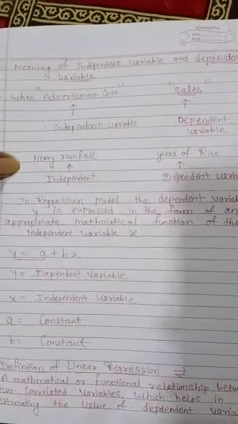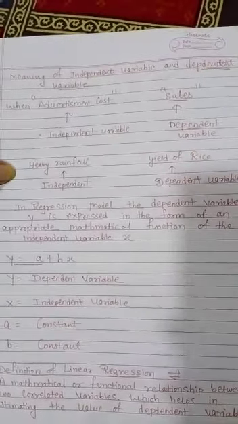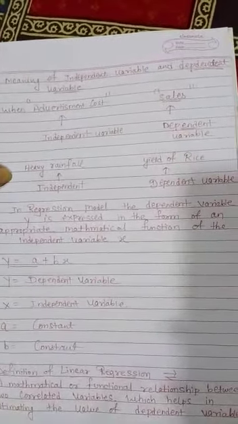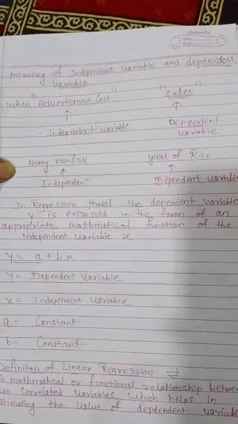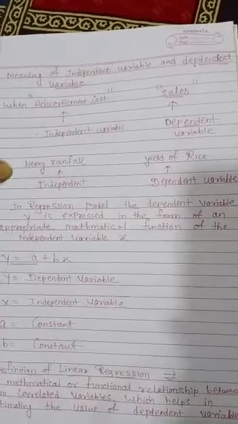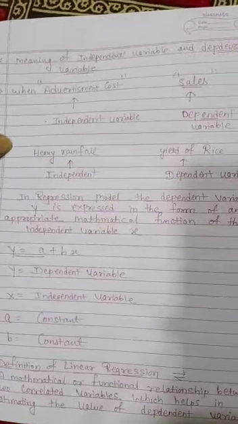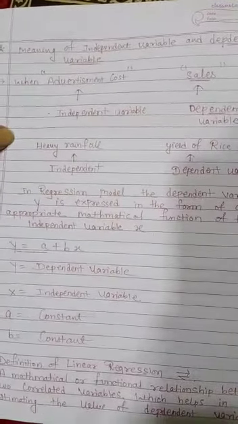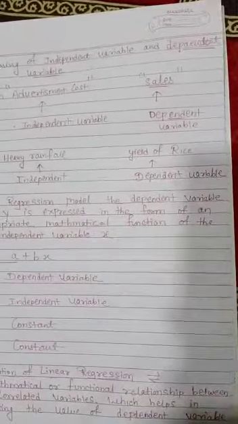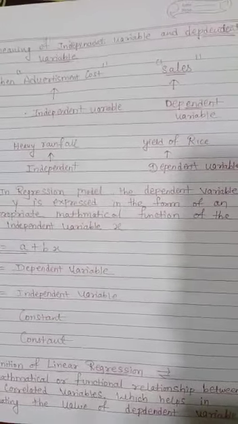If the rainfall is very heavy, then only is yield of rice high. So it's very clear, friends, yield of rice depends on heavy rainfall. So heavy rainfall is an independent variable, and yield of rice is a dependent variable, right?